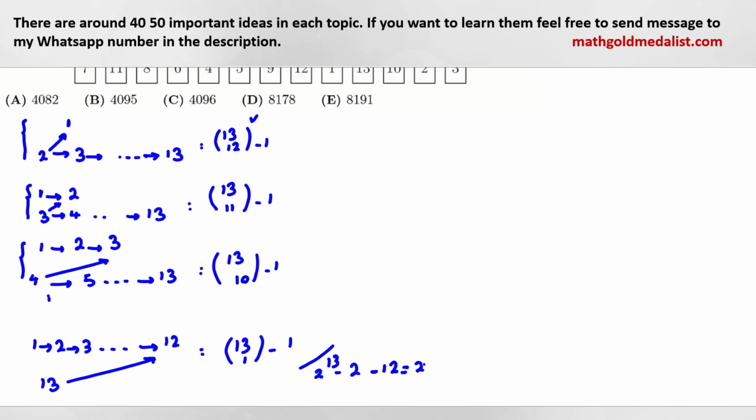Minus 12 will be 2 to the 13 minus 14, right? 2 to the 13 is what? 8192. Right, minus 4. So 12 minus 4, 8. 8 minus 1, 7. And 1. 8, right? Yeah.